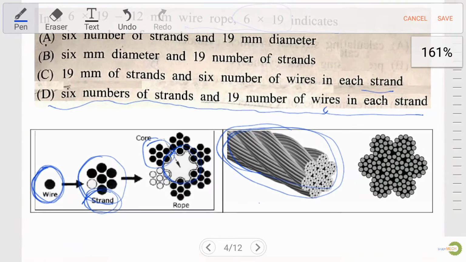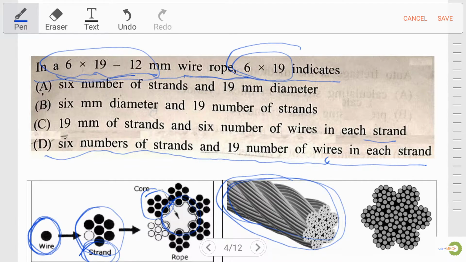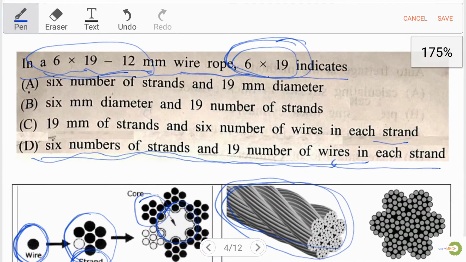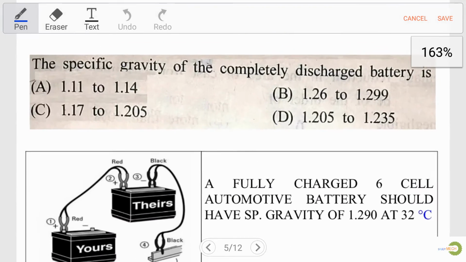So we have some clear idea, and right now let's focus on the question again. In a 6 cross 19, 12 mm wire rope, in this question 6 cross 19 indicates 6 number of strands and 19 number of wires in each strand. Now let's discuss the next question.